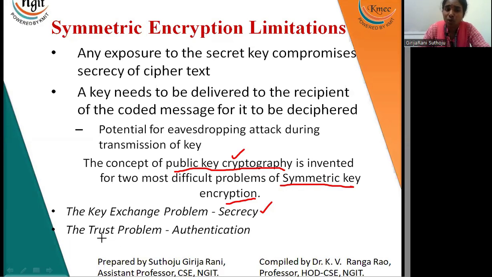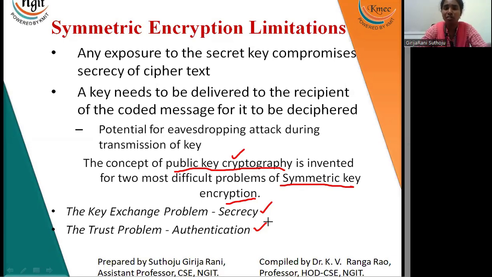We can go with a trust problem, and for that, we are achieving authentication. So secrecy and authentication both are to be achieved in public key cryptography. That means the main aim of public key cryptography is to achieve secrecy and authentication, where the one we are missing in symmetric is secrecy, right? When we are sharing, the key may fall into the hands of attackers, as may the ciphertext.